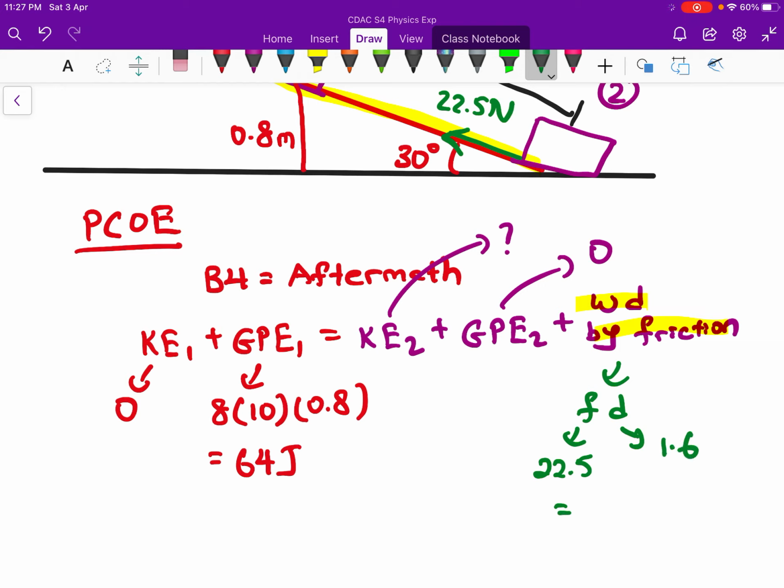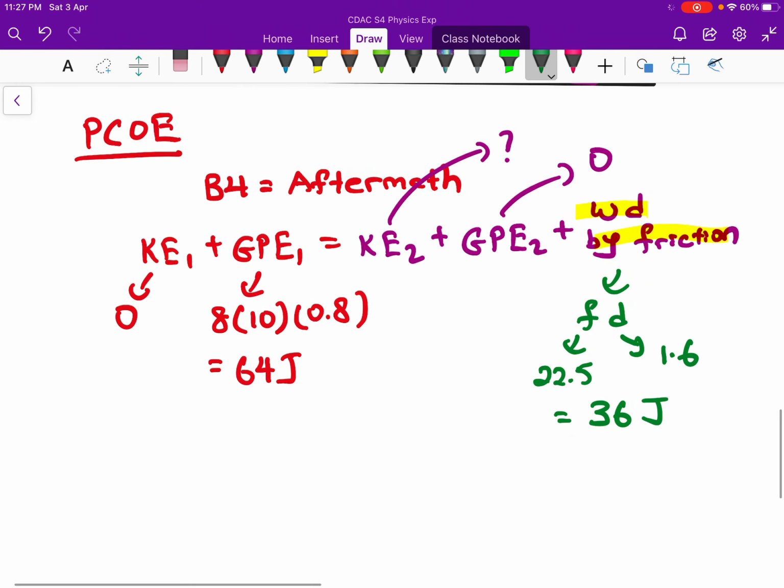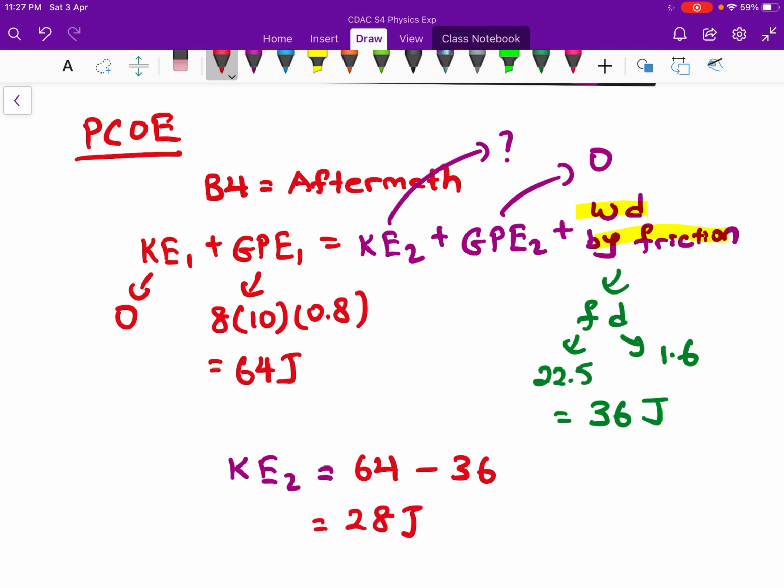If you calculate, the work done by friction is 36 joules. Now I can find my KE2. KE2 is equal to 64 minus 36, which is 28 joules.